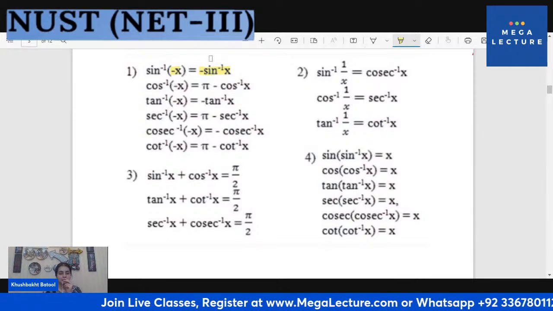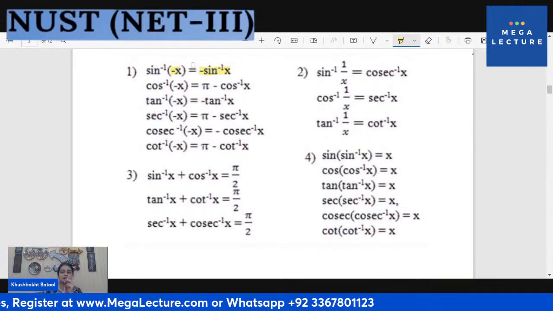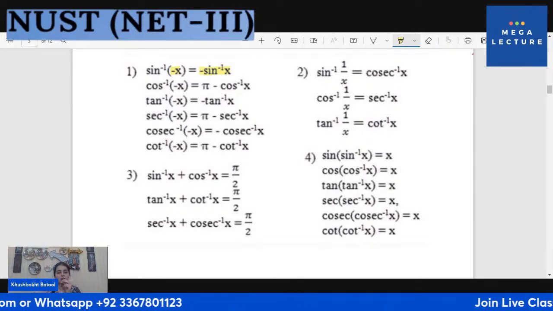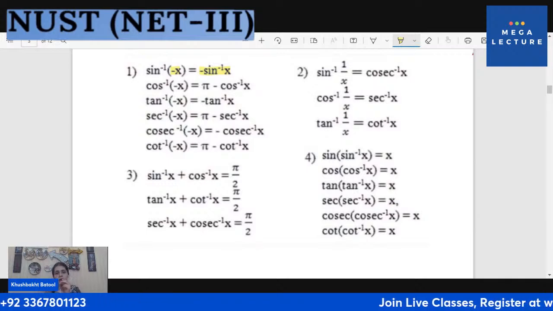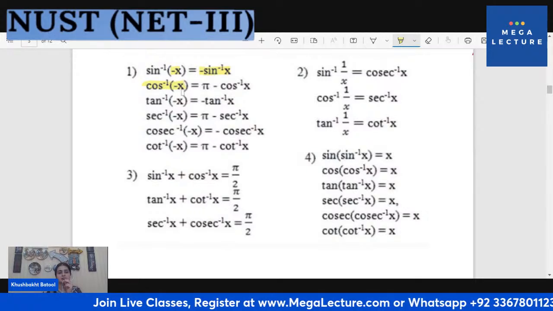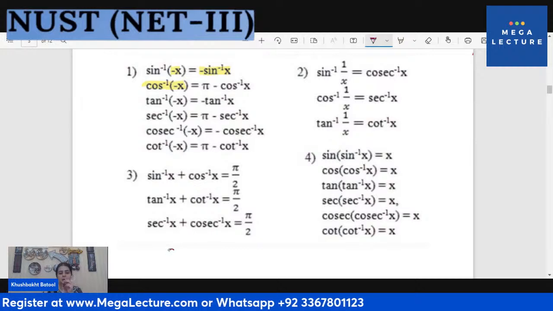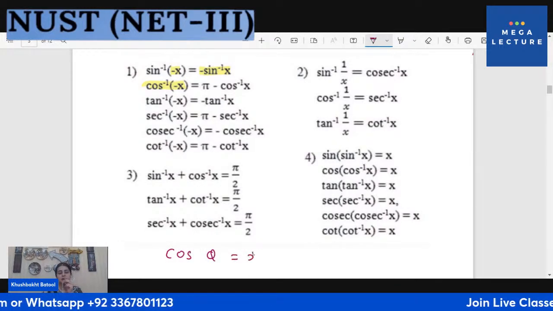Now, in the table, you do not have negative angles, you only have positive angles. But let's say in some question you come across a negative angle, how would you deal with it at that time? You will be using these properties, right? Now it says cos inverse minus x. Now, this x is not the angle. We write it down this way: cos theta equals x.